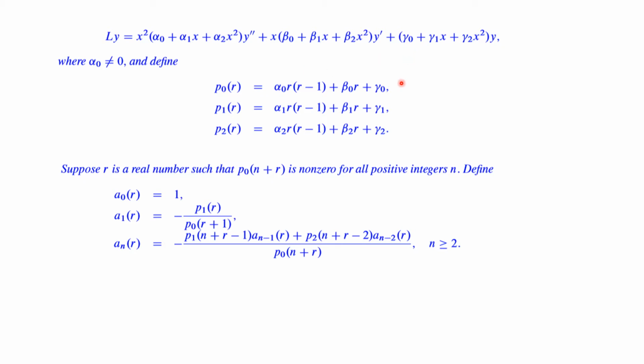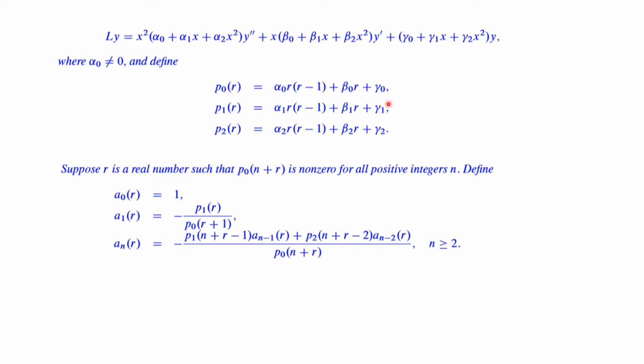So those are the constants, and that's how r figures in. And this is called the indicial polynomial, or indicial equation. And this is going to be crucial for us to determine what r is.